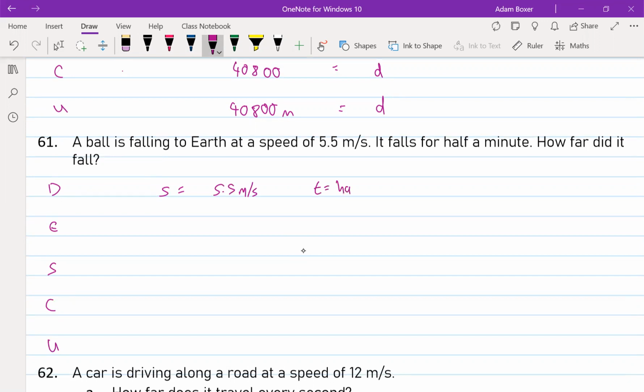Time is half a minute. What is half a minute? Well, you should know that that's 30 seconds. And again, we've done that before. And my D is a question mark. S times T equals D. And in this case, I'm not going to make the same mistake. I'm going to make sure that I use the 30. So we'll put 5.5 times 30 equals D. I get my trusty calculator.